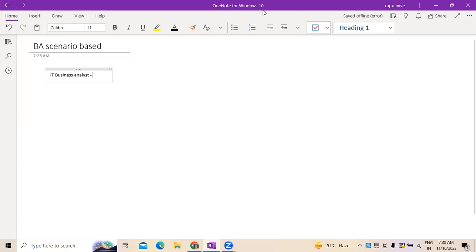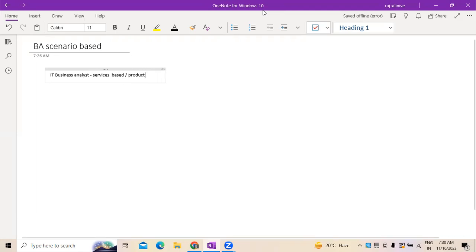So IT business analyst job opportunities are in the field of IT, especially for those working on different projects, either service-based or product-based. First, service-based, which is nothing but a project-based company. Let's say, for example, X is a software company. They have a client from manufacturing, banking, healthcare, or insurance.